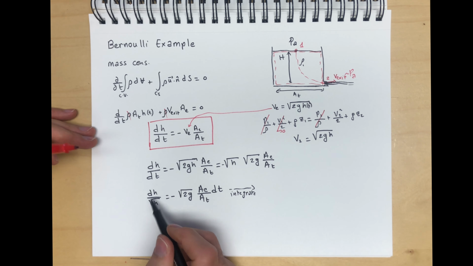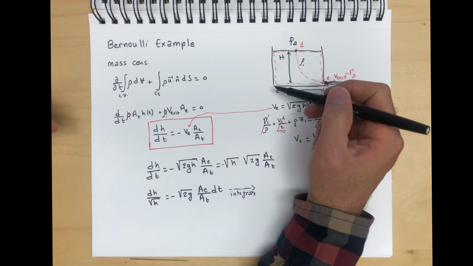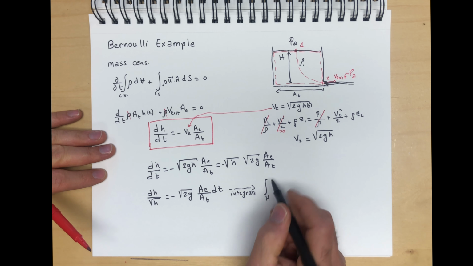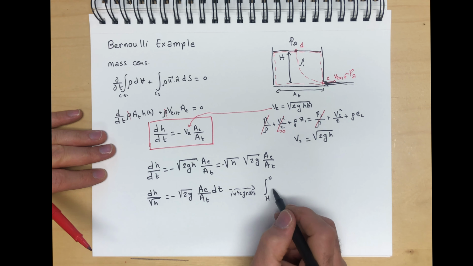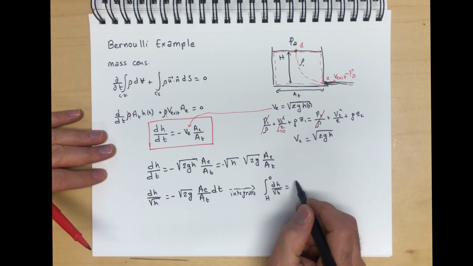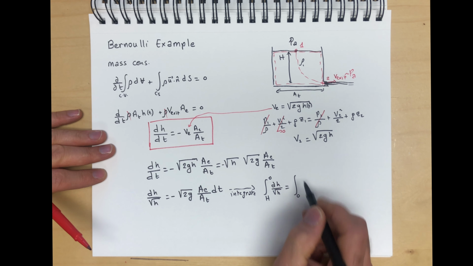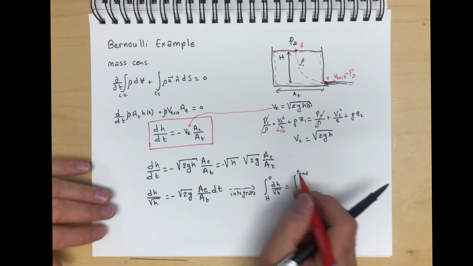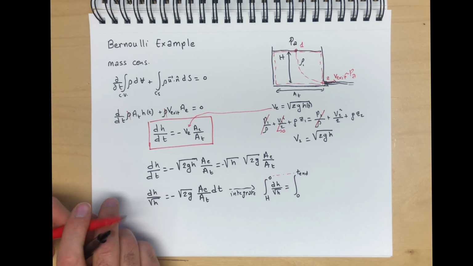We're going to integrate from H, the initial height, to 0, where the tank is empty, of dH over the square root of H. And over here, we're going to integrate from the initial time 0 to t end, where the tank is empty. So t end is the time it takes to empty the tank.